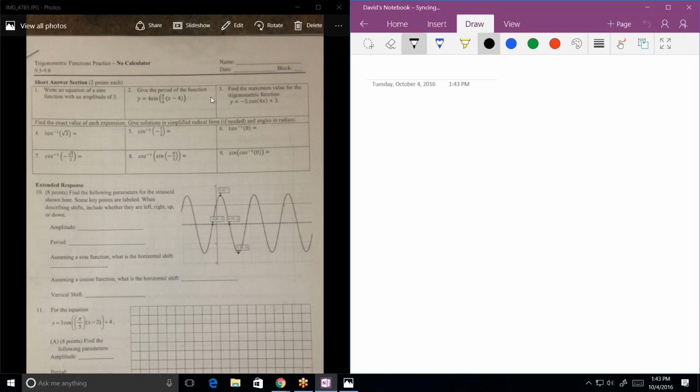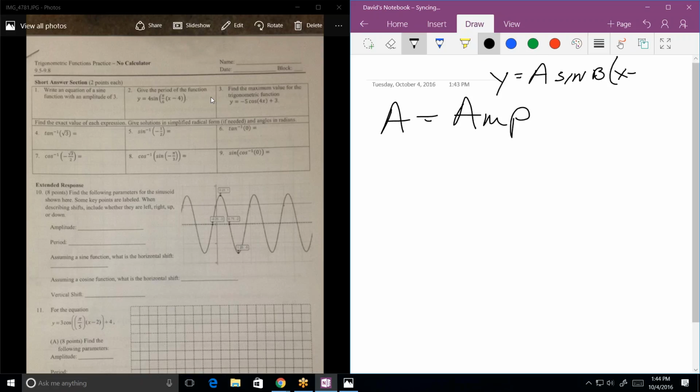Now, okay, let's talk about A is the amplitude, right? In other words, if I have this, let's talk about what each of these letters are. A is the amplitude.